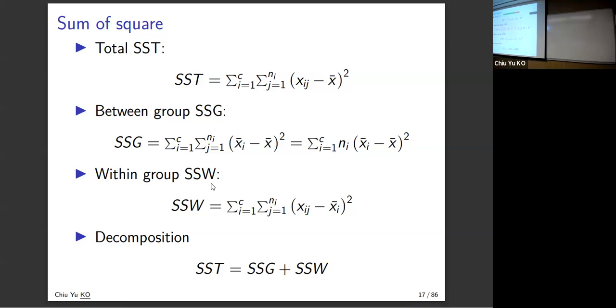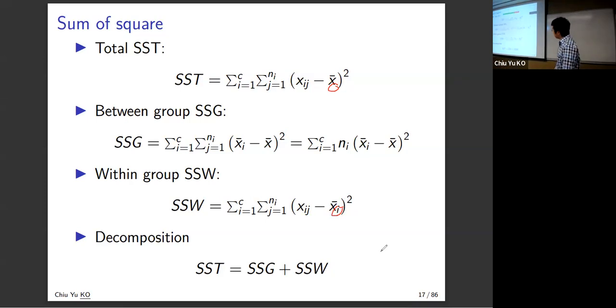The next one is where we care about variance inside the group, that's why it's within group. Compare this one and that one: what's extra is the i.